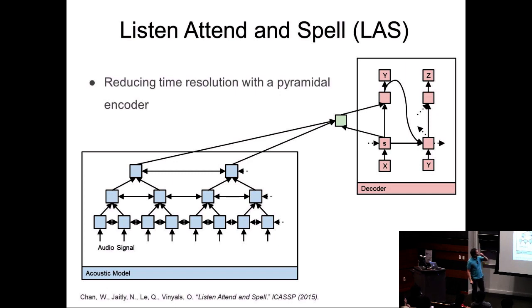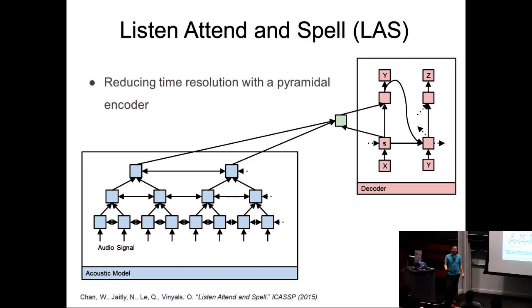One thing they've done here is reduce the time resolution, because it's very finely scaled, with a pyramid encoder. So you have a bidirectional LSTM, and then these things get combined, these things get combined, and you have a bidirectional LSTM, bidirectional recurrent network, and so forth, right? So there are a lot of different architectural choices of stitching things together in different ways.